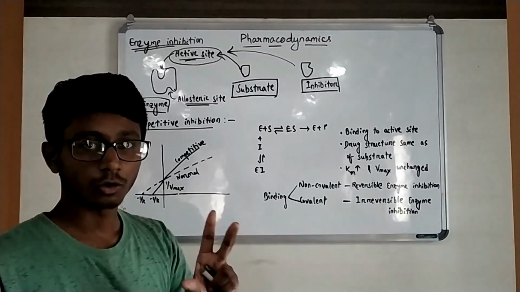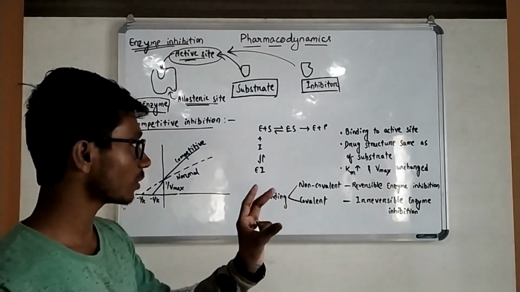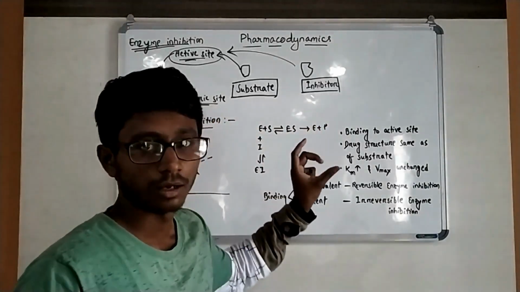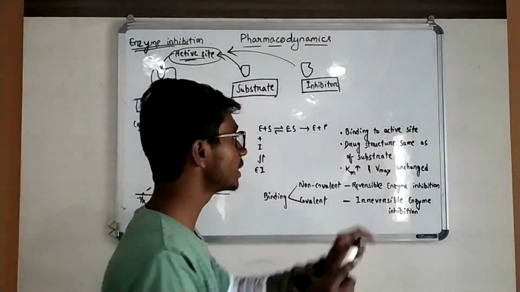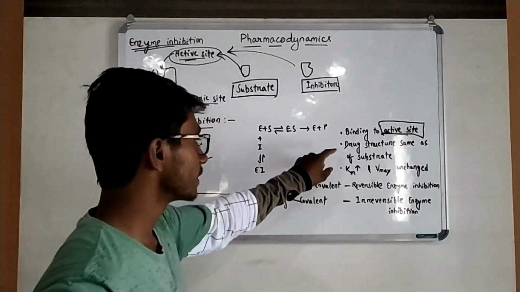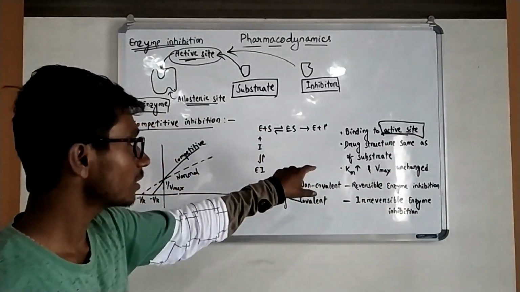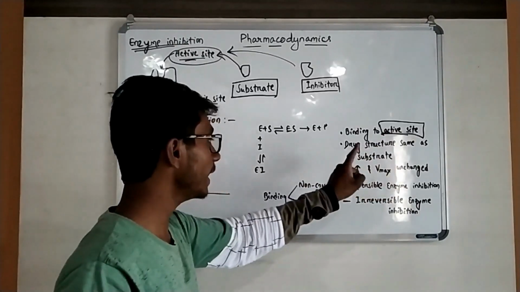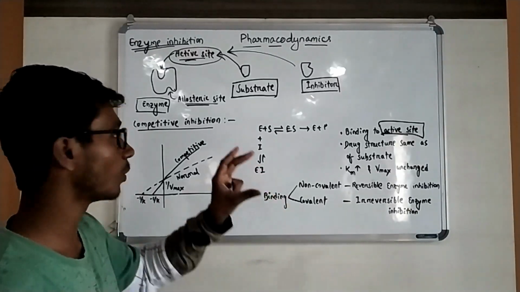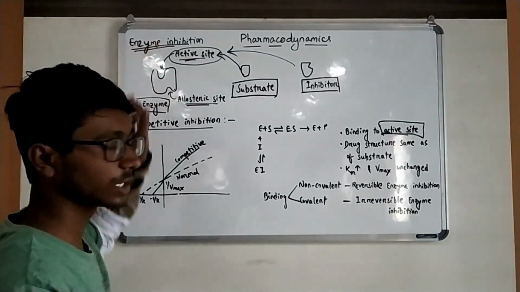So for competitive inhibition, some things are needed. First is our inhibitor binds to the active site. And the inhibitor or a drug, its structure should be the same as that of the substrate. Otherwise, what will happen? It does not compete with our active site.